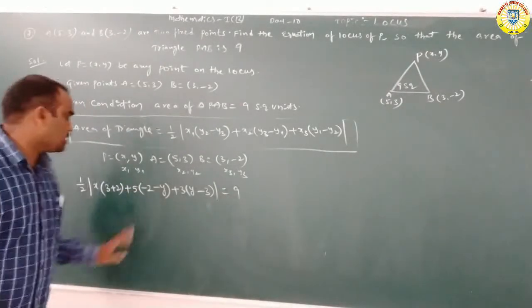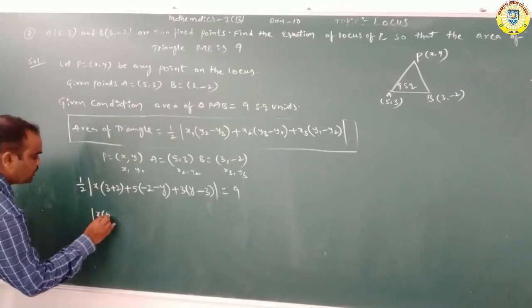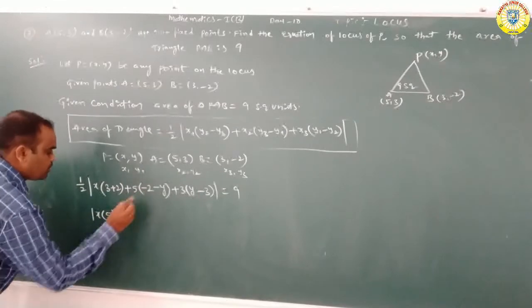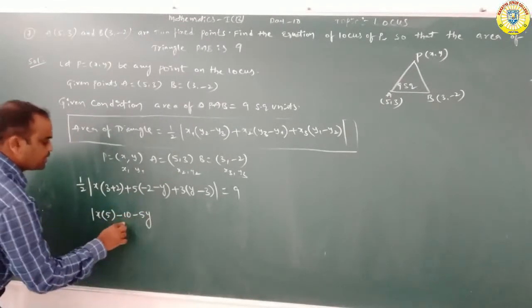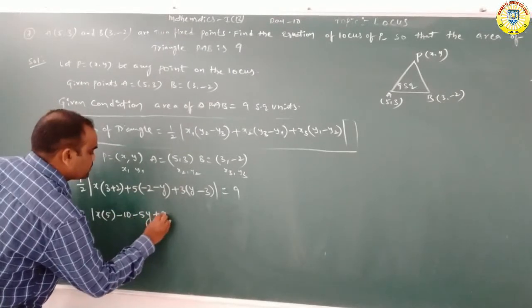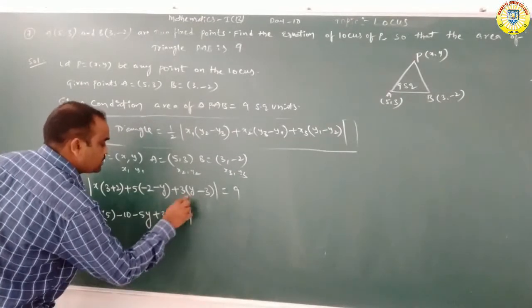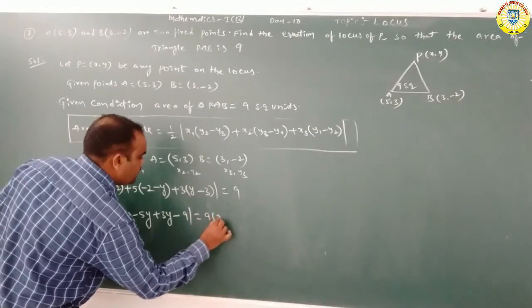There is a 2 there, so 2 into 9 is 18. Now modulus of x into (3 plus 2), which is 5. Multiply this inside: 5 into minus 2 is minus 10, minus 5y, plus 3y, and 3 into minus 3 is minus 9, equal to 9 into 2.